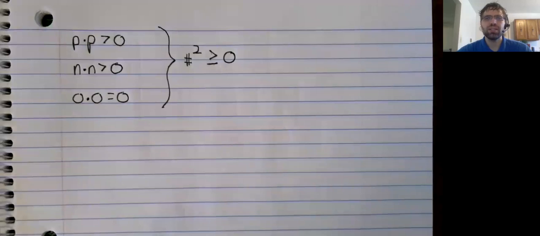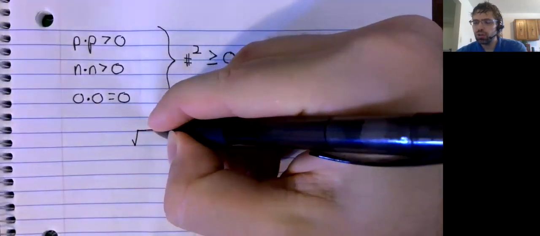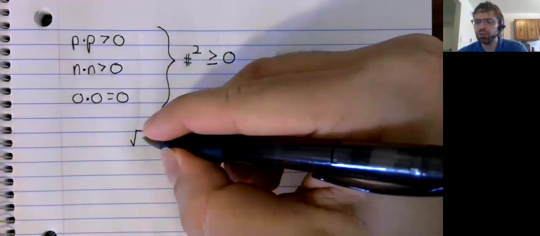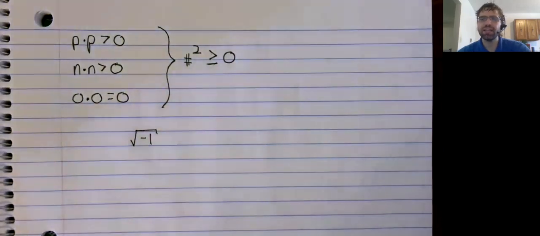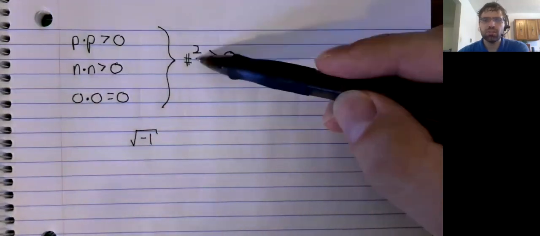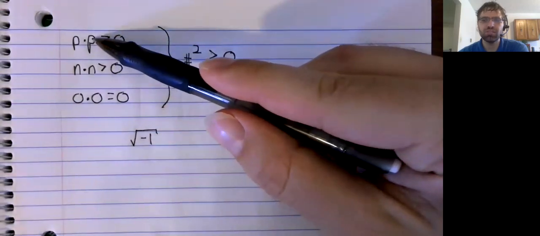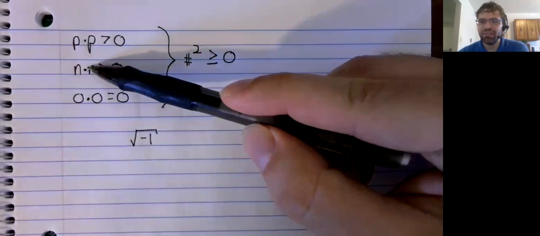sometimes we're going to need to take the square root of a negative number. For example, the square root of -1. And according to what I've said up here, the square root of -1 can't be positive. It can't be negative.